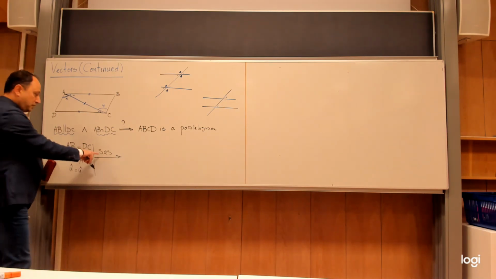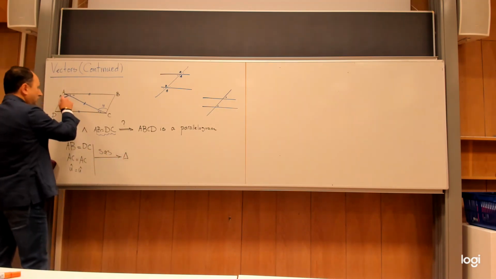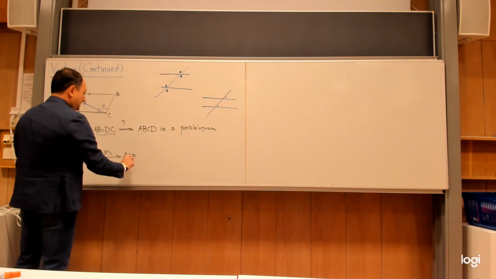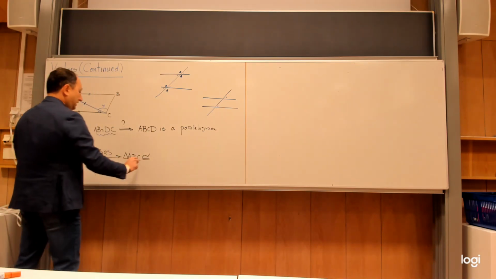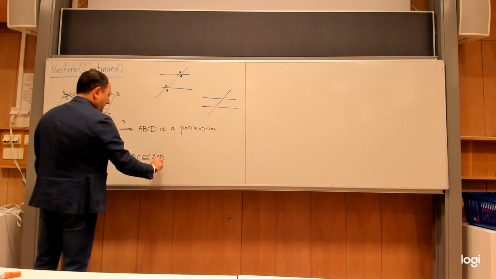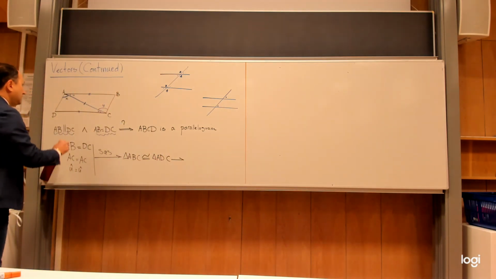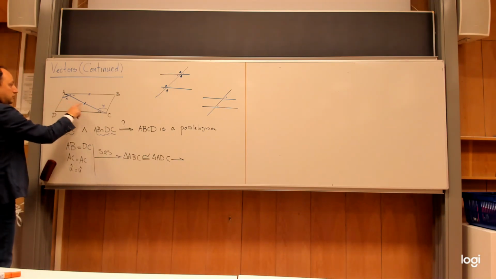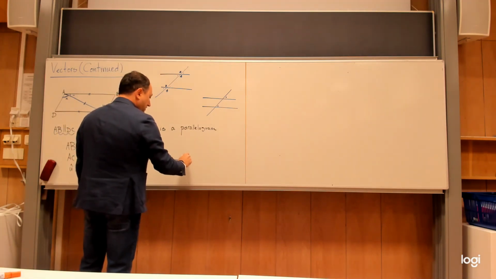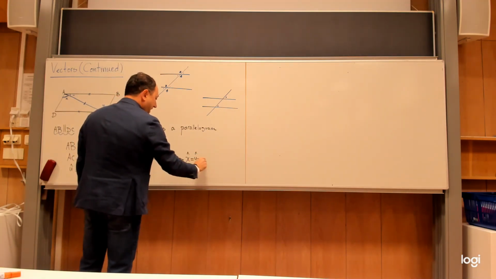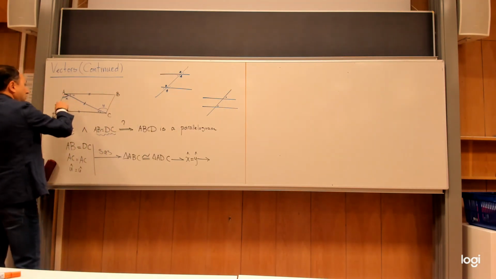Yes? So because of two sides and the angle between them, I can conclude that the triangle ABC is congruent to the triangle ADC. And if they are congruent, then this angle X is also equal to this angle Y. So this means that angle X is equal to angle Y, and then because of the converse theorem, these two lines are parallel.